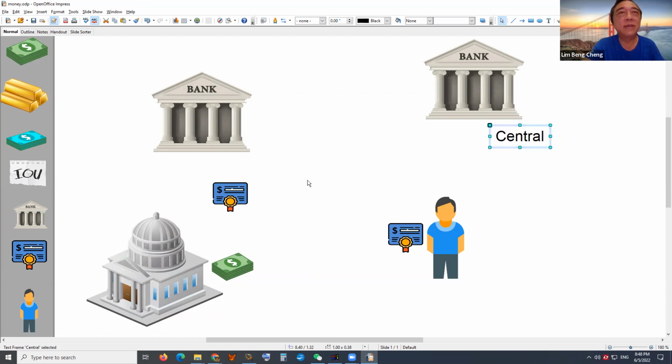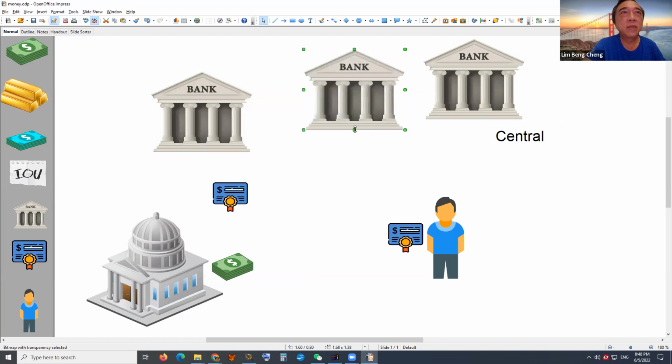Another bank says, okay, I also have money. You also have money. So I give the US government money, and you have to give a bond. No problem. So now the US government has a lot of money.